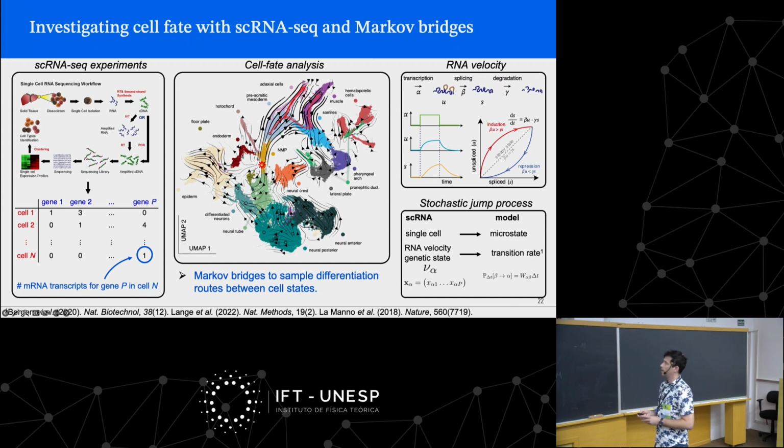Okay, and so this is where we decided to apply our methods. To be perfectly clear, what I've called before single cells are abstracted as microstates. You have to view it as a continuum of states, and the points represent a discrete, experimental sampling of it.